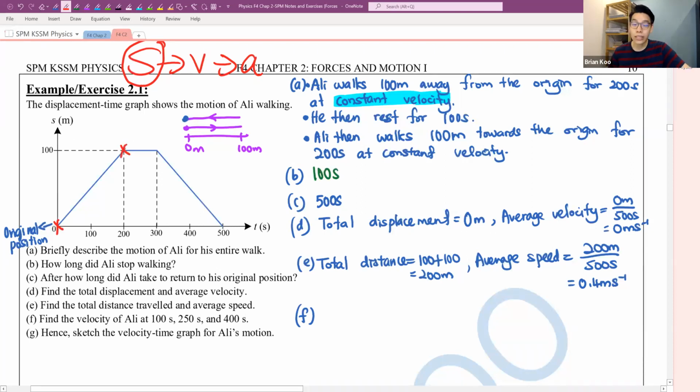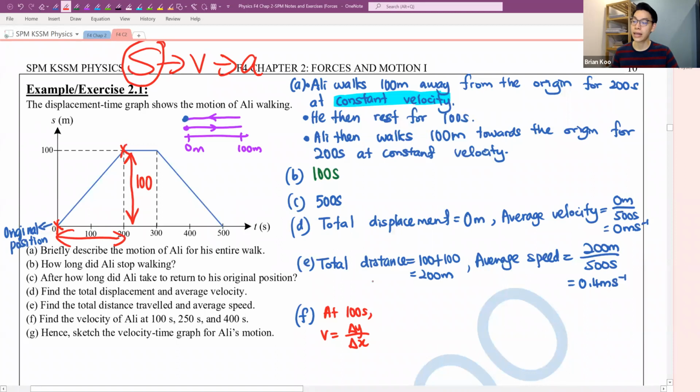What I like to do is use this formula, the gradient, the velocity at 100. Velocity is equals to, I like to just take the distance in y over the distance in x. The vertical distance is 100.